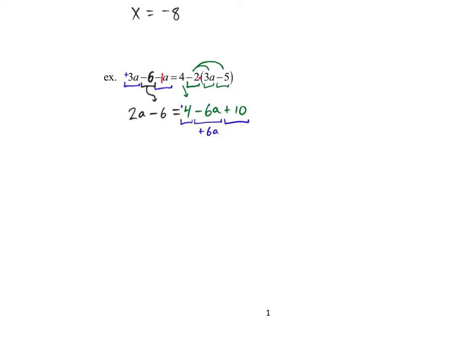Since it's a minus 6a, I'm going to add 6a to both sides. Doing so gives me 8a minus 6 equals, I'm going to cram these two numbers together. I have a positive 4 and a positive 10, so that's going to give me a 14.